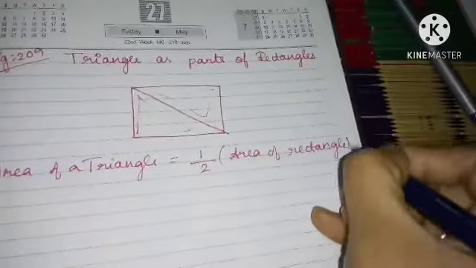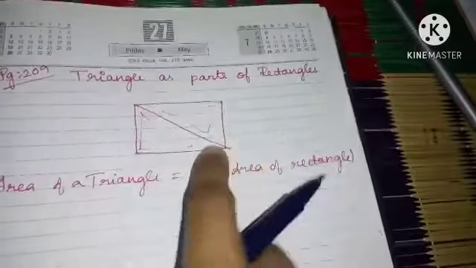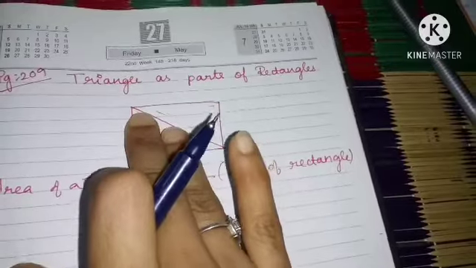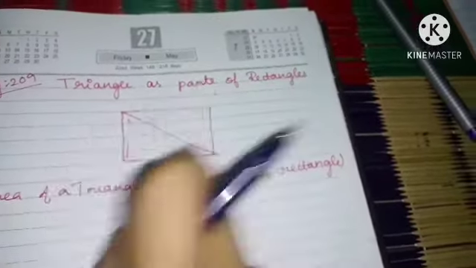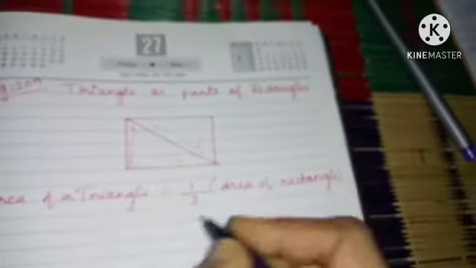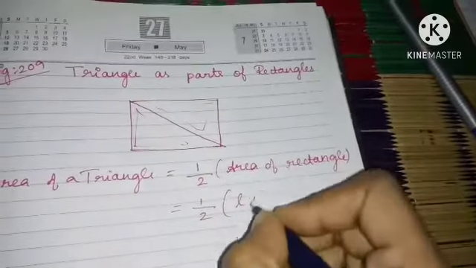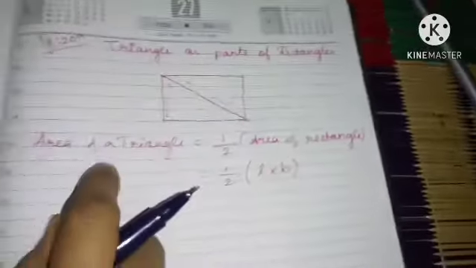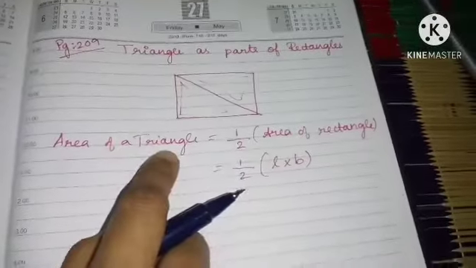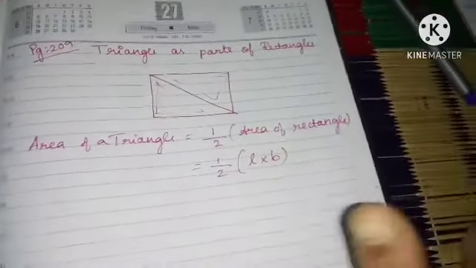Is it correct? This is one rectangle. Actually, this triangle is equal to half of this rectangle. Correct? So what is the formula for the area of a rectangle? L into B.